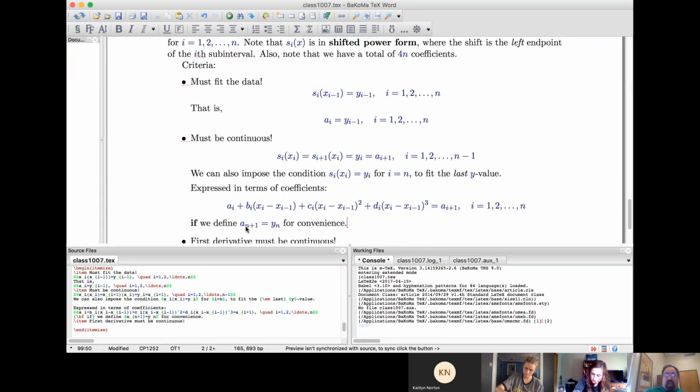Because I only have n pieces, I don't really have a coefficient an plus 1. But if I define it to be yn, then I can write the condition this way. So again, it's just notational convenience.